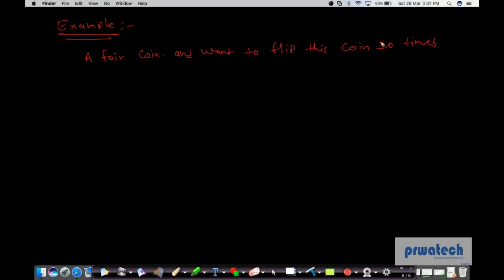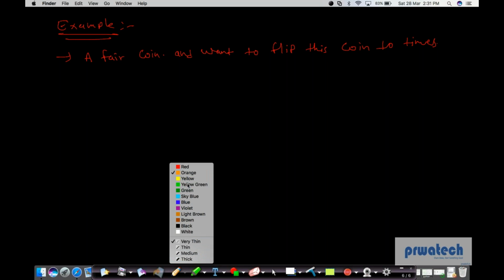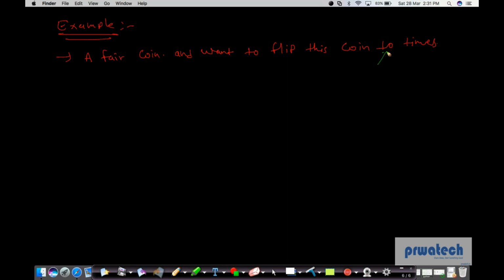This number of trials you can increase to anything, but just to understand the concept, first we are making 10 trials and then we'll increase from 10 to maybe 50 or 100 or some other number. So the question is a fair coin flipped 10 times. Whenever you read such a question, first identify your values. This is the value of n, and n is nothing but my number of trials. How many times am I making a trial? I'm making 10 different trials, 10 times.